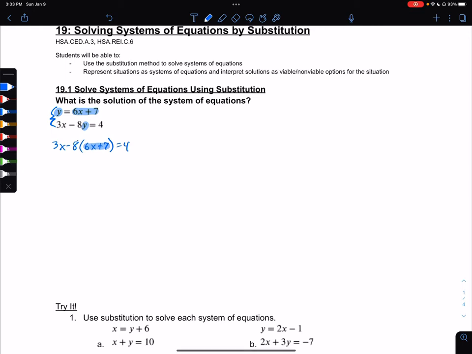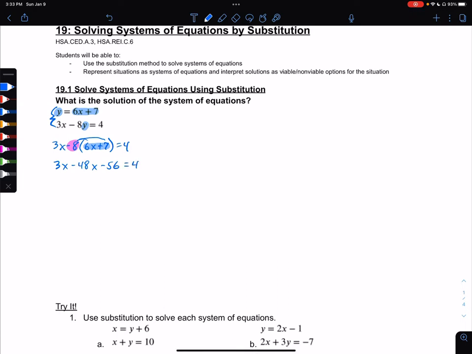All right, and to do that, my first step would be to distribute. You do want to be careful, make sure you are distributing the negative 8, not just the 8. So we're going to get negative 48x, and then negative 8 times 7 would be negative 56, and then that would be equal to 4.